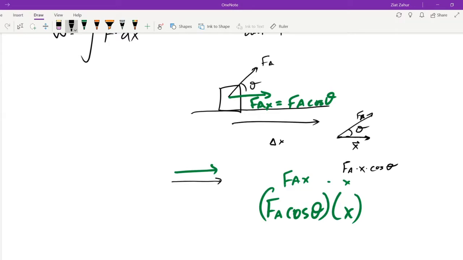Is this a trick question? Yes, it is a trick question. Yes, it is 0 degrees. Good job. So you can see how Fax is parallel to delta x, and therefore you get 100% of the dot product, but the dot product is for a portion of the vector to begin with. So it's a roundabout way of getting to the same place.